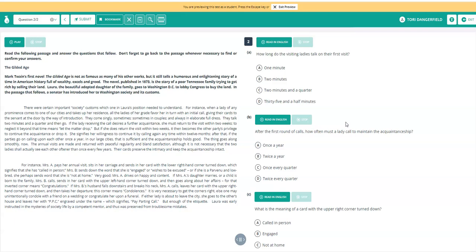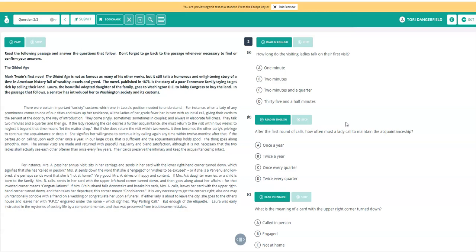There were certain important society customs which one in Laura's position needed to understand. For instance, when a lady of any prominence comes to one of our cities and takes up her residence, all the ladies of her grade favor her in turn with an initial call, giving their cards to the servant at the door by way of introduction.